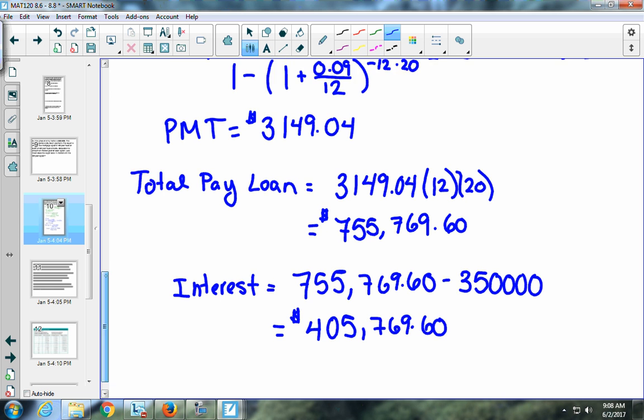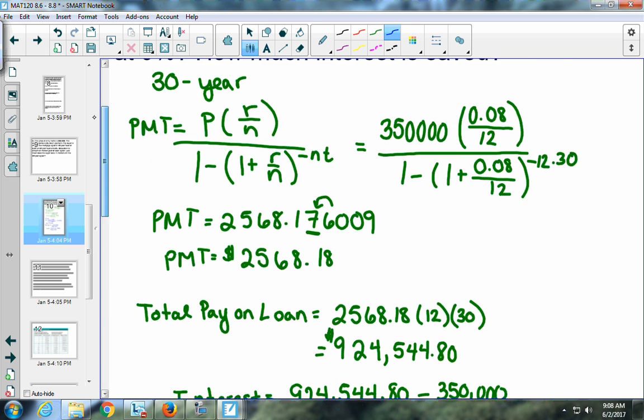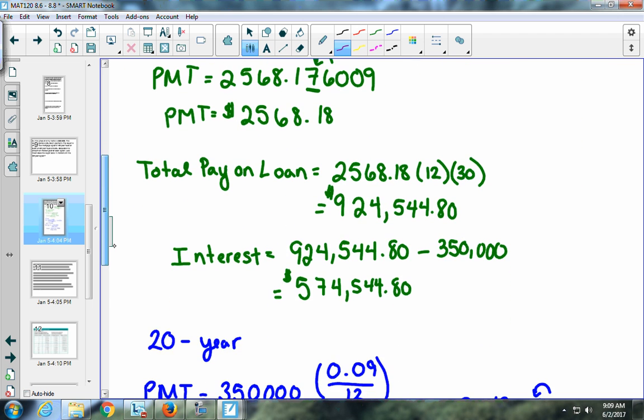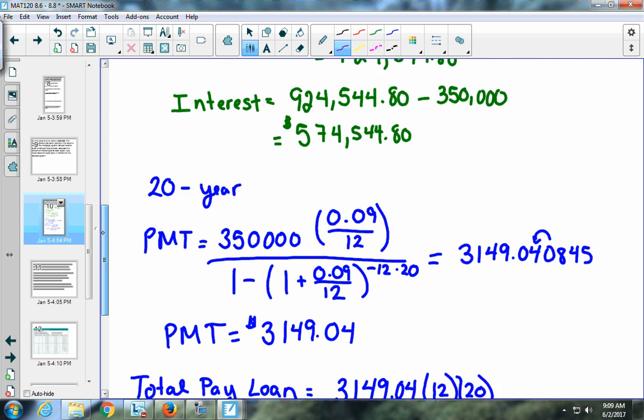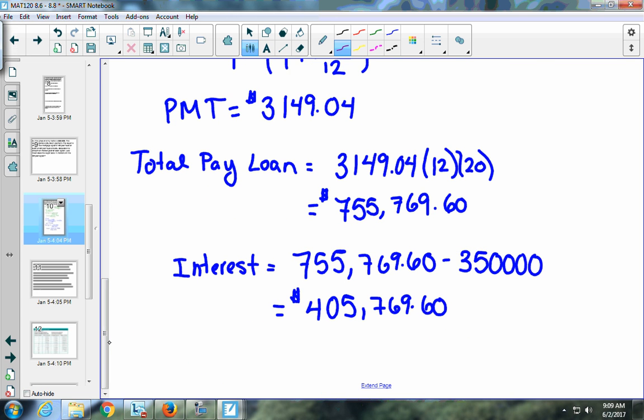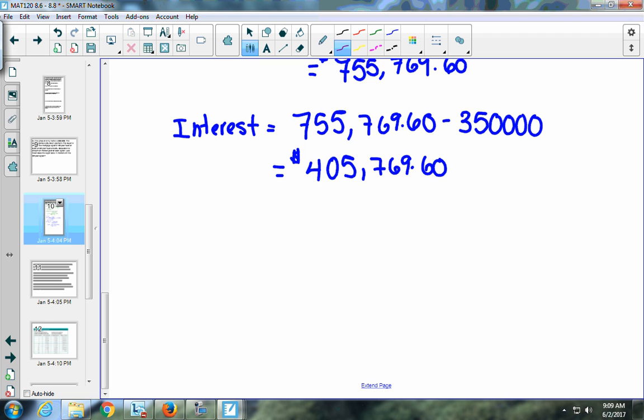If we look back up, when they were asking us about the interest, they asked us how much interest is saved. So that means we need to find the difference between the two total interests. We ended up paying more interest on the 30-year loan. It was over $500,000. So I'm going to do that higher interest paid minus that lower interest paid.